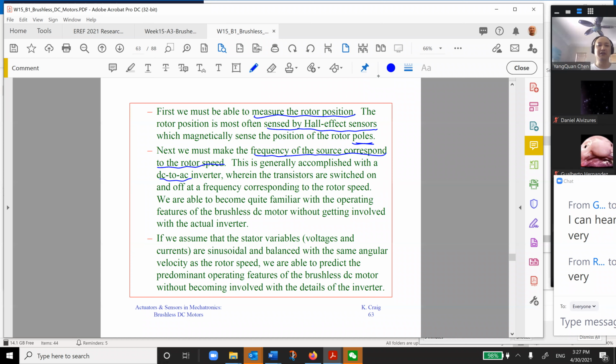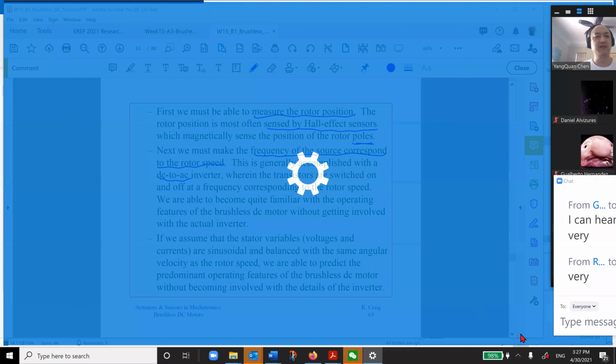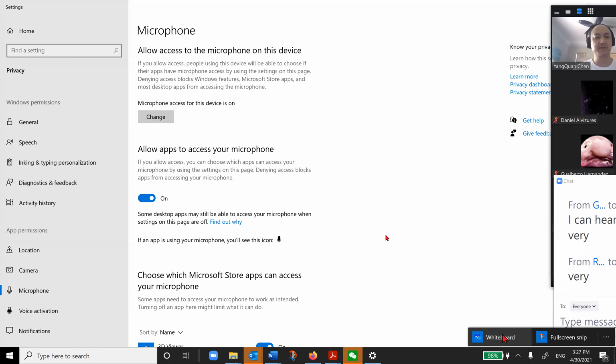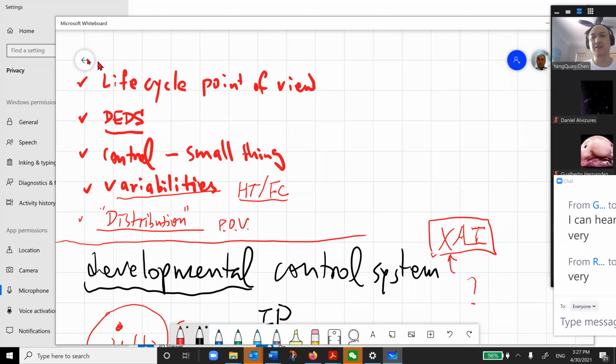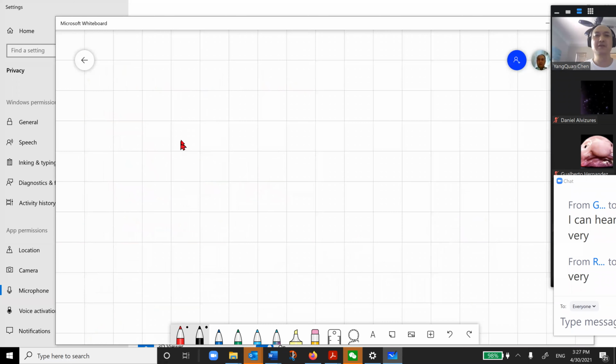So at this point, I need to open my whiteboard to give you a very small lecture. So you know that this is your wall outlet.